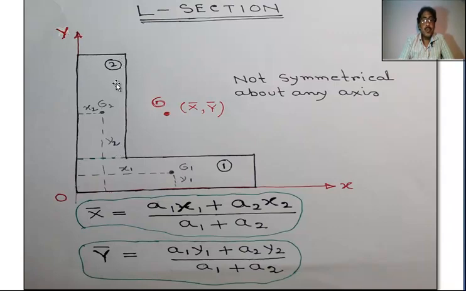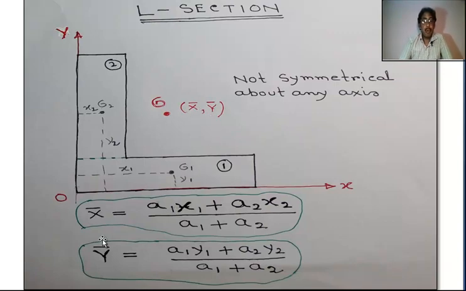This area is A2, G2 is the centroid of that area, G2 distance from y-axis is x2, from x-axis is y2. G is the CG of the whole section. Whole section means L section. G is the centroid of the L section.